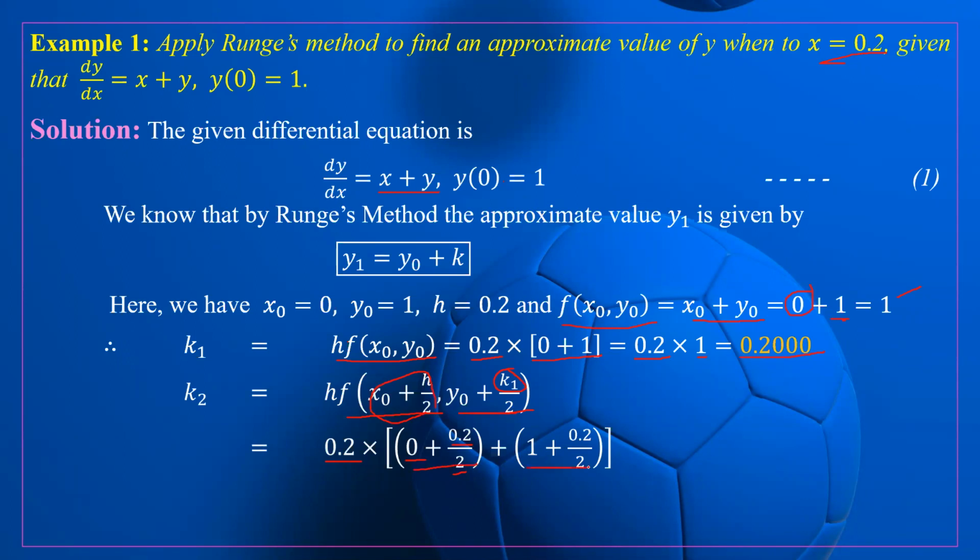So we are putting x plus y, and y0 is 1. And k1 we have already calculated, it is 0.2, divided by 2.